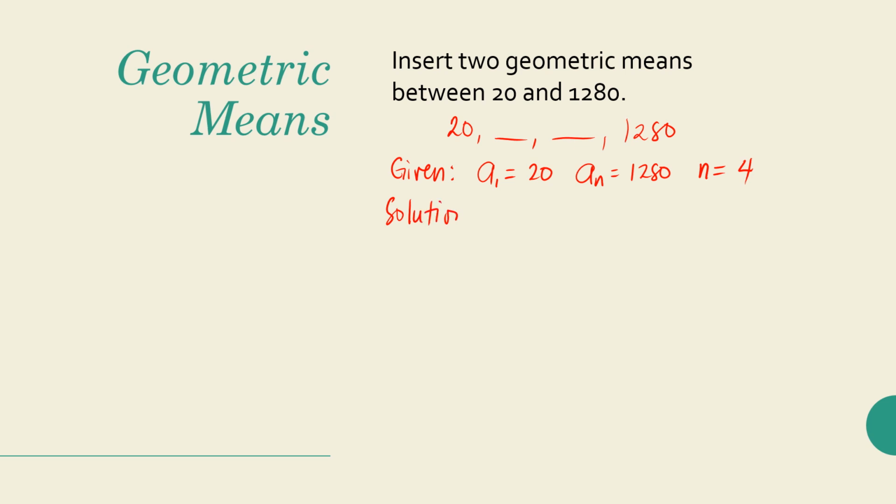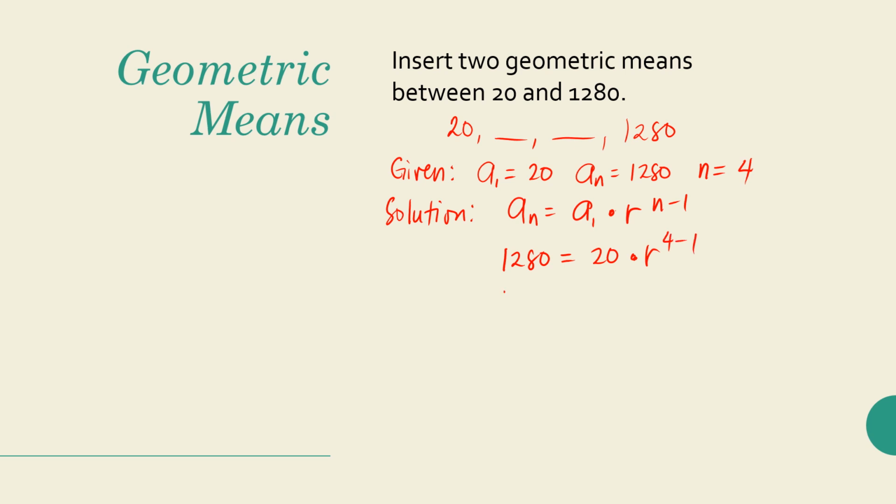And of course, you have the solution. The solution for this one is to use the geometric sequence formula. Our formula is a sub n is equal to a sub 1 times r raised to n minus 1. A sub n there is 1280 is equal to a sub 1, which is 20, times r, since you don't know the value of r, you retain it as r, raised to n, which is 4, minus 1.